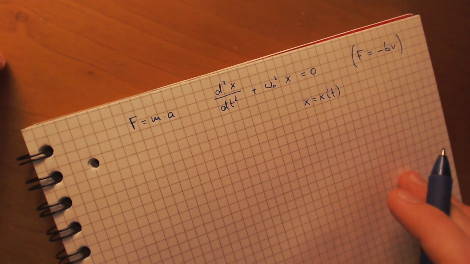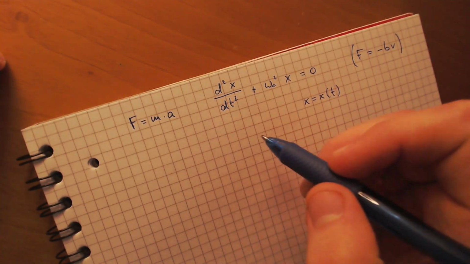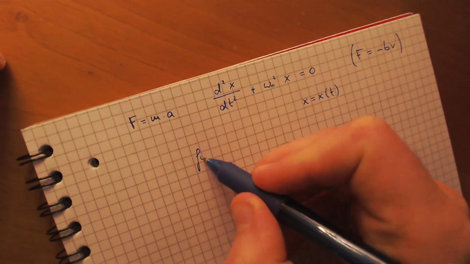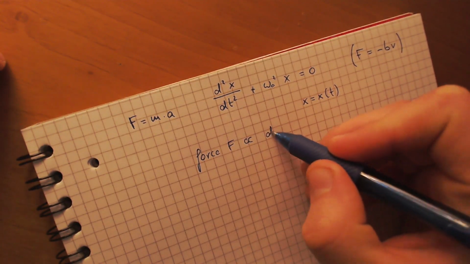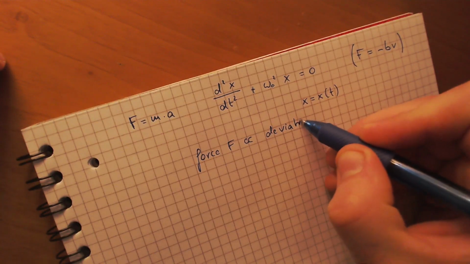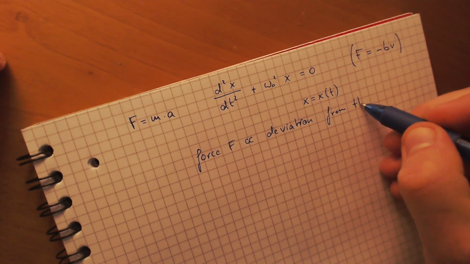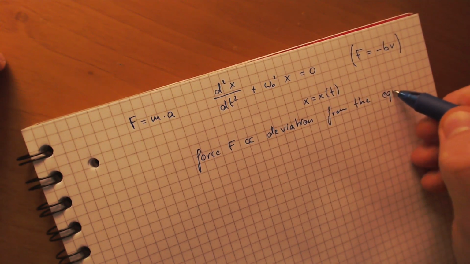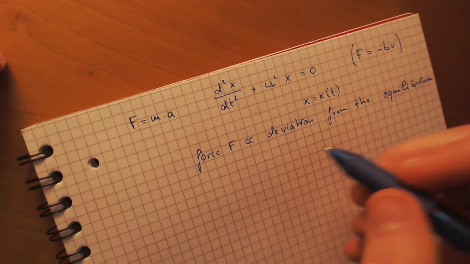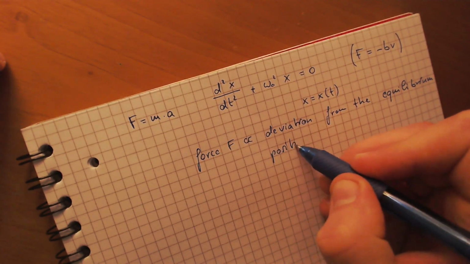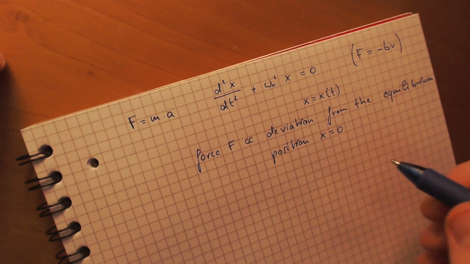And the equation basically describes the effect of a force F which is proportional to the deviation of the system from the equilibrium position, that in our case is x equal to 0.